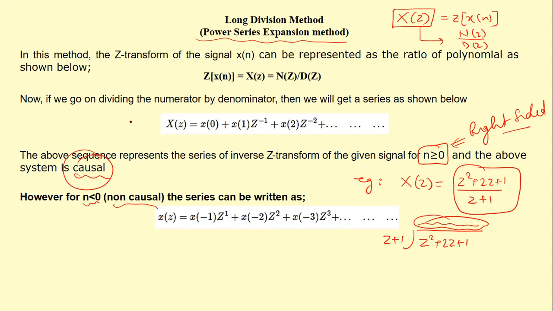Now, what does it mean? We will understand this with an example. For example, we have a sequence x(n), which is a causal sequence: 1, 0, 2, 1. So this is a right-sided causal sequence.